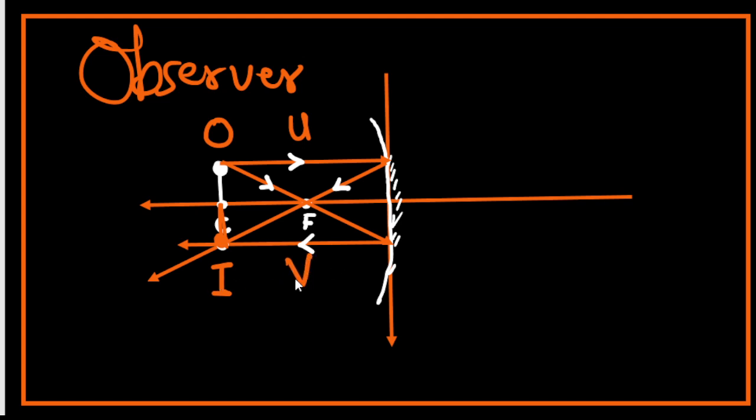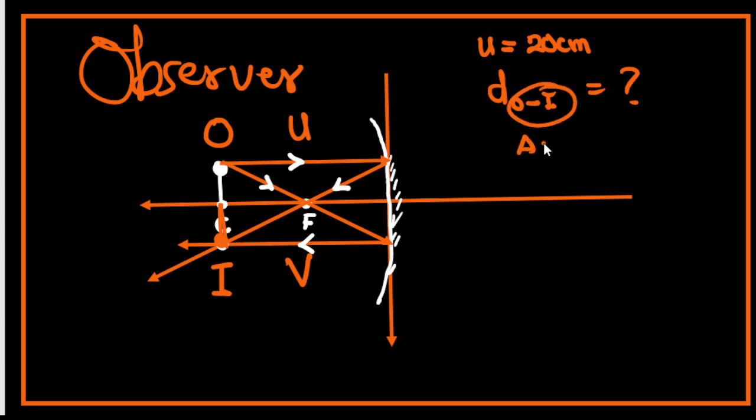Let me ask a simple question. If the object, in this situation, has a distance of 20 centimeter, and the image has been formed, what will be the distance between the object and the image? Option A, 20 centimeter?